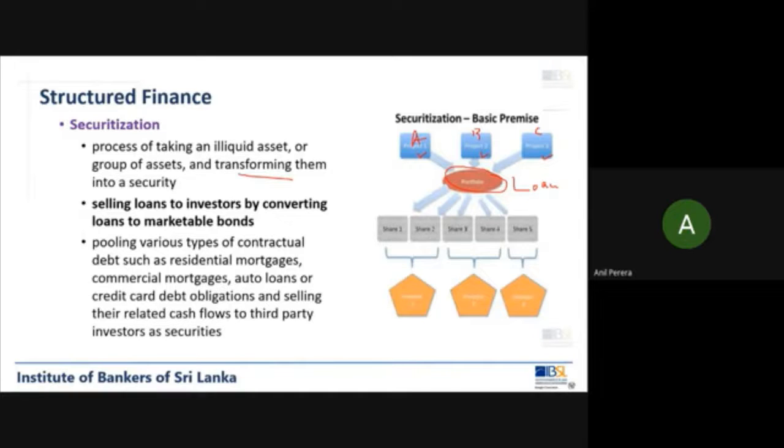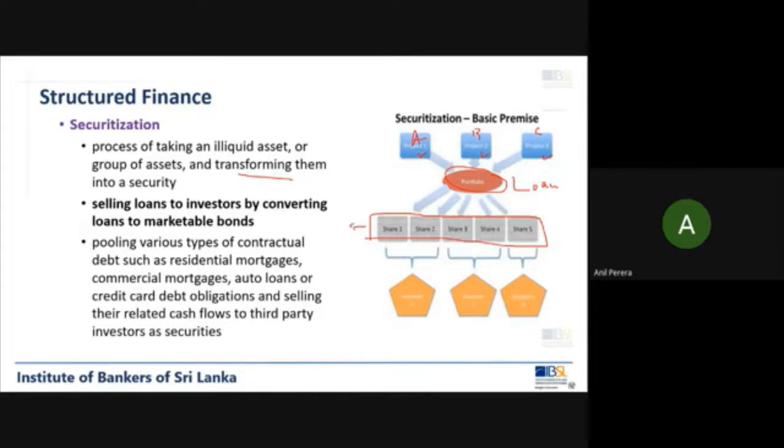Now, let's say you have some risk of receiving these loans back. What you can do is convert them into a different asset through a securitization process.